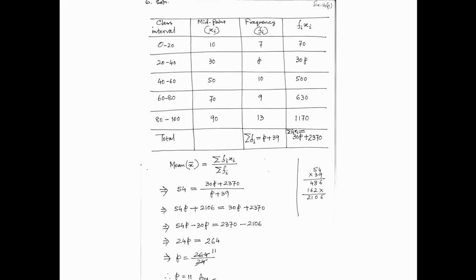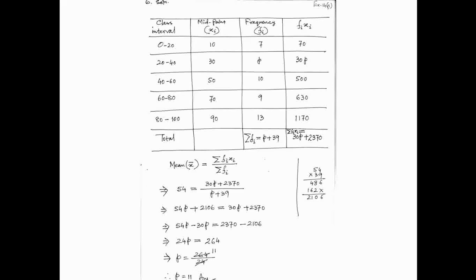Now, all the frequencies you have to add. So you are getting sigma Fi equal to, since there is one variable, say P, I have mentioned P separately. P plus the other numbers you add, you will get 39. So this is P plus 39.